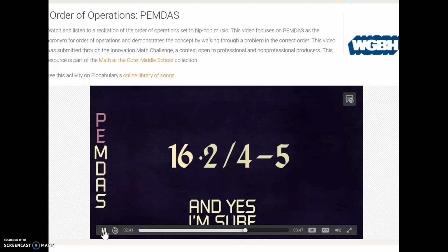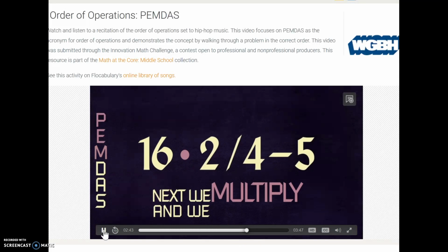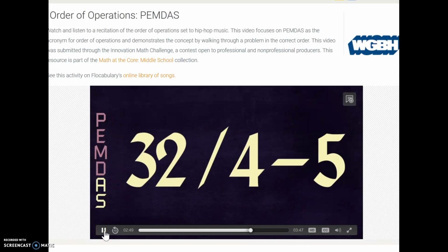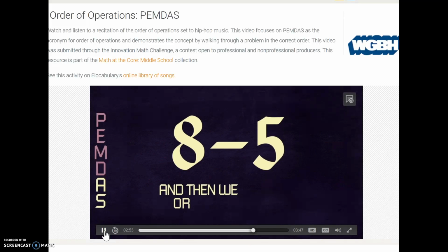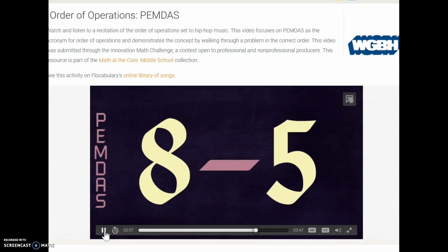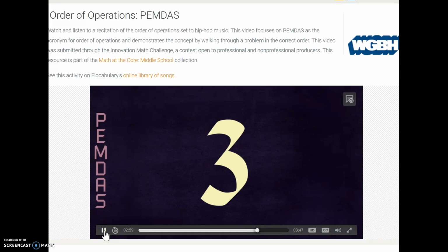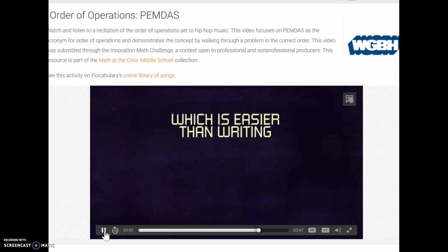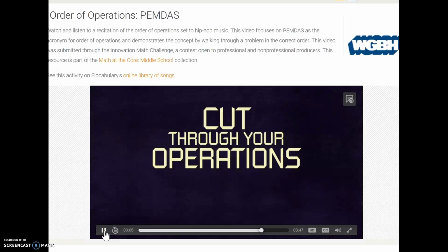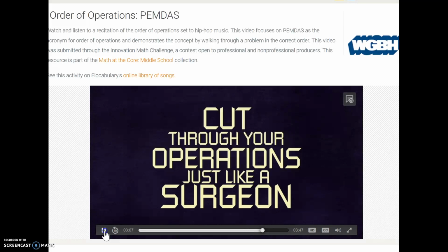Next we multiply and we divide. 16 times 2 is 32. 32 divided by 4 is 8. And then we add or subtract. 8 minus 5 is 3. Cut through your operations just like a surgeon.